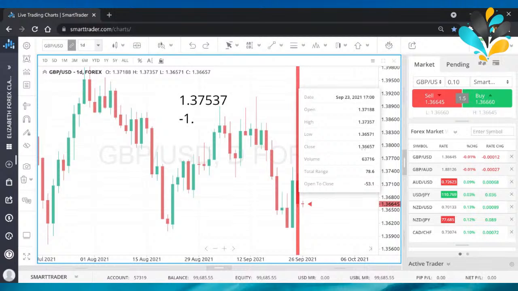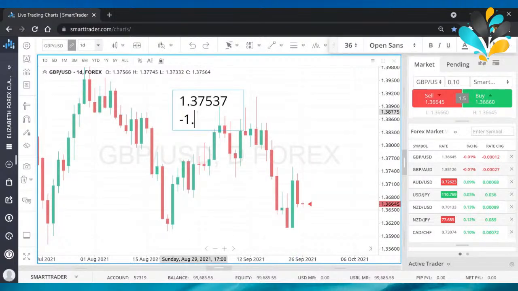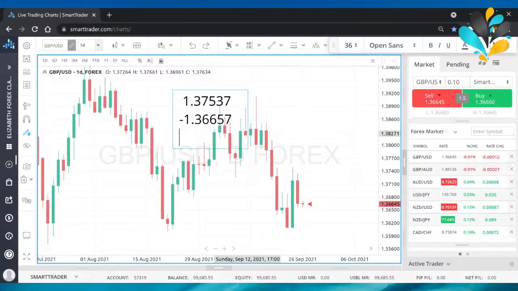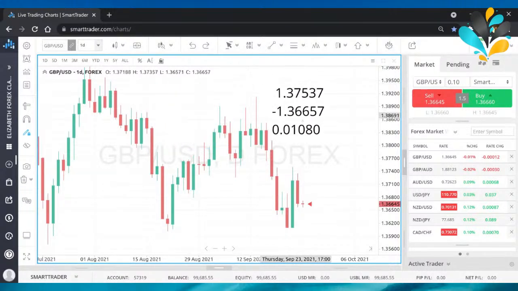It closed at 1.36657. So the market would have moved 108 pips.